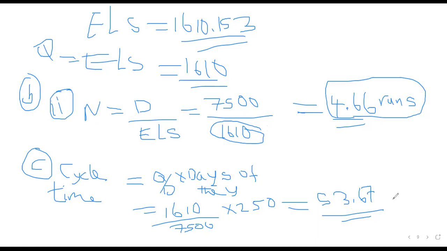Now here, this is in days. Cycle time is the time taken between production runs. That is it, only the cycle time.